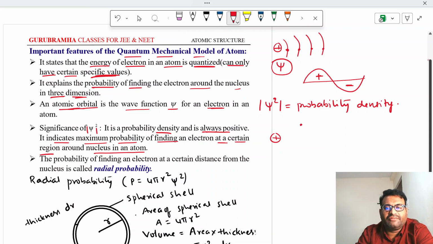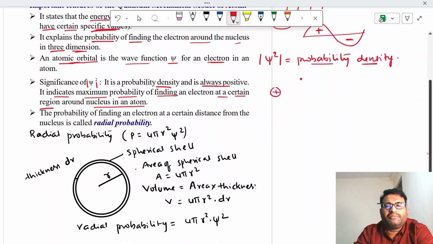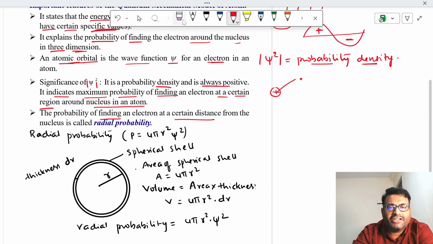See, here is a region. At this region, the probability of finding the electron is described as probability density. So probability density means the probability of finding an electron at a certain region around the nucleus in an atom. And the probability of finding an electron at a certain distance from the nucleus, see, from the nucleus at a certain distance.